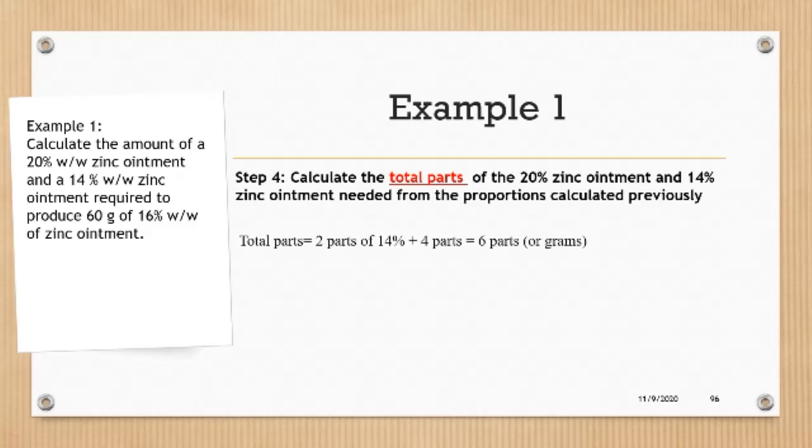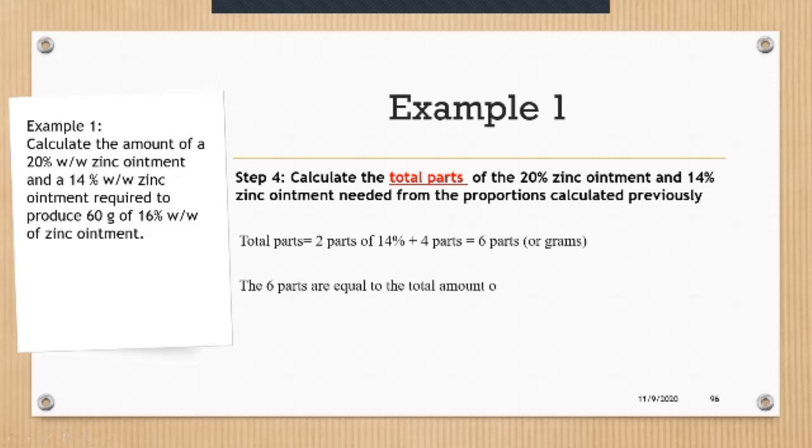The total parts is 2 parts of the 20% and 4 parts of the 14%, all added up to 6 parts. This 6 parts represents or is equivalent to the total amount of the preparation you need to make. So 60 grams will represent the 6 parts.